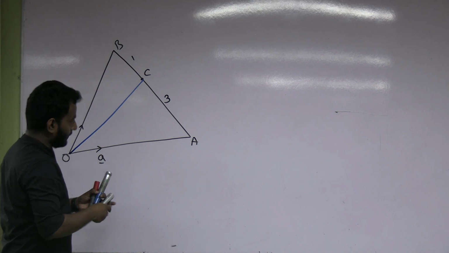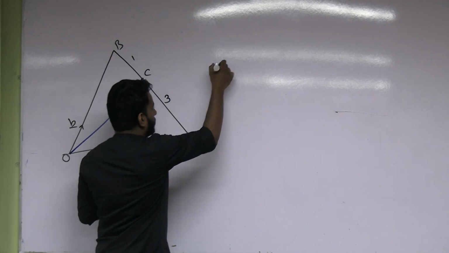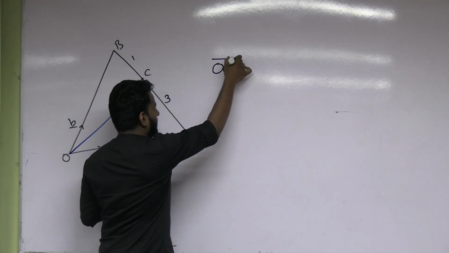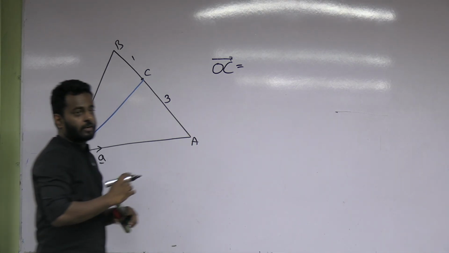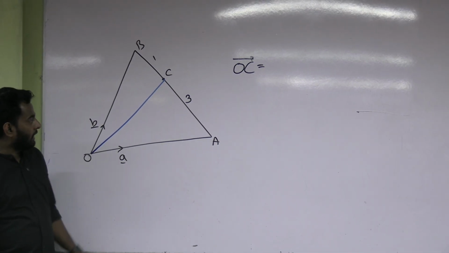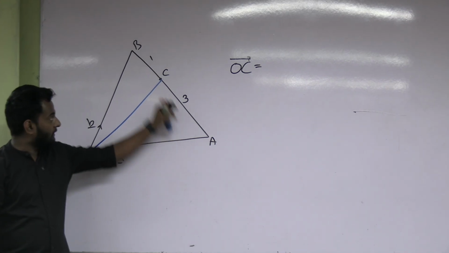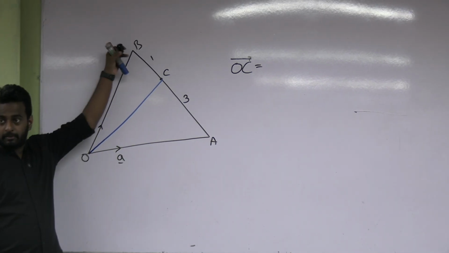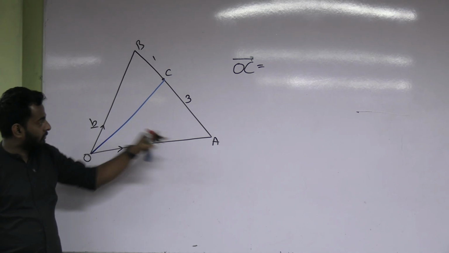Right, we'll start. Initially, is OC a complete vector or a portion of a complete vector? It's a complete vector, so I can write OC either as OA plus AC, or OB plus BC. Fine, right? I can use both methods.